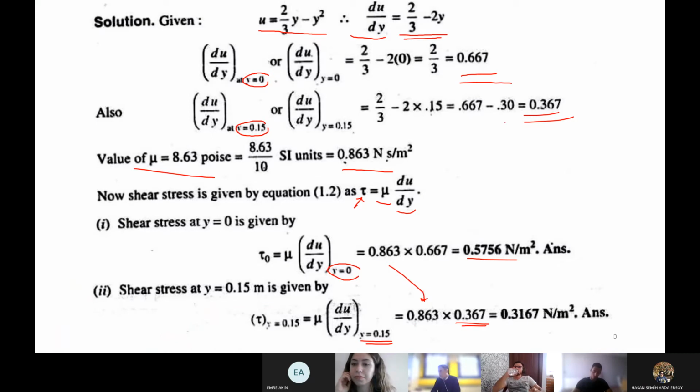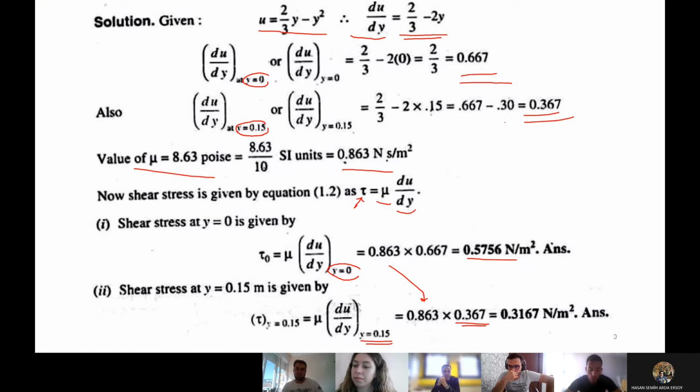Therefore, you see that the shear stress at the bottom, listen carefully, is higher than the shear stress at the upper layer, yes? The shear stress at the point of the wall, plate, or bottom, whatever we call it, is always maximum.